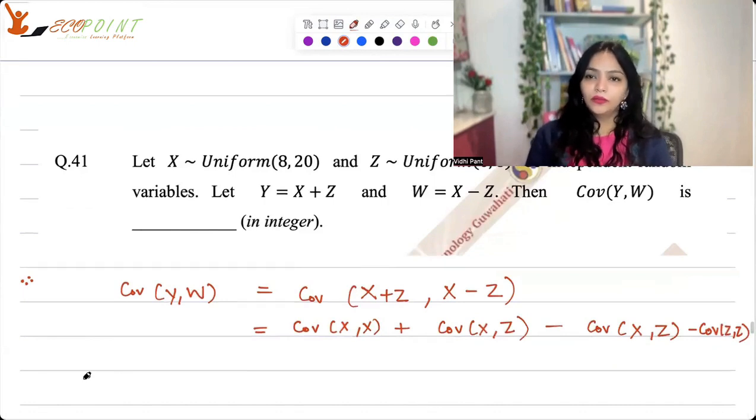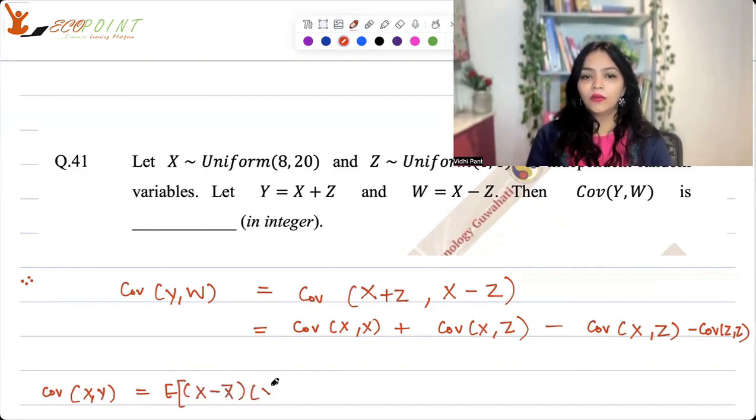Now, if you know the formula for covariance, see covariance of XY is basically the expected value of (x minus x bar)(y minus y bar), right?